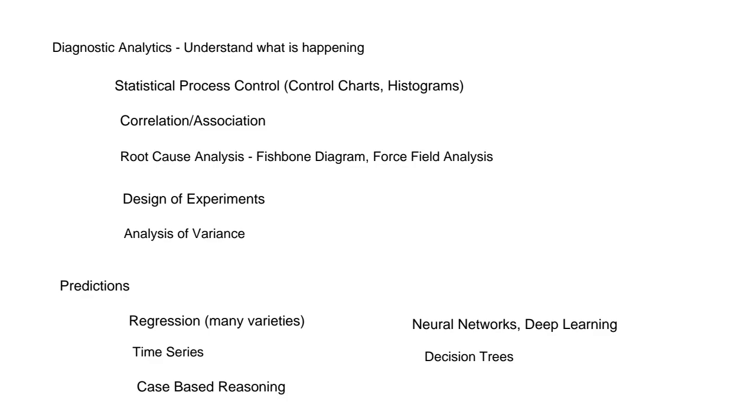And then the last area that we may get into is if you're trying to do something that's more prescriptive. That is, we want to be able to recommend actions.